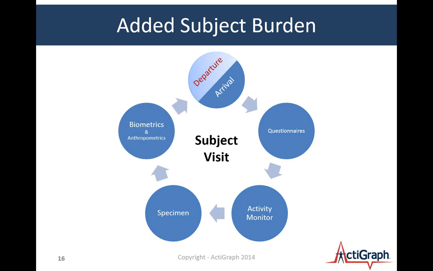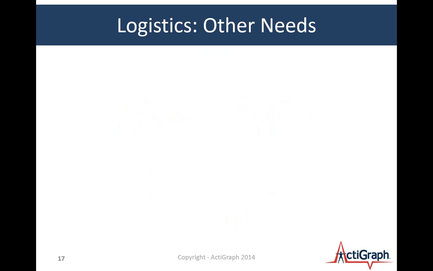Some variation of this cycle has to happen for each subject at each site. And you'll notice that the activity monitor is just one of those numerous things that occur. And so if you've got all these things to worry about, device settings and inventory, how do you as a coordinator make sure that all the sites are doing these things consistently? So let's get into that in a moment.